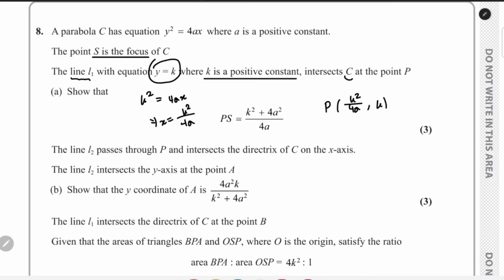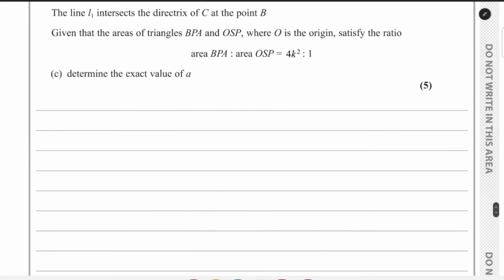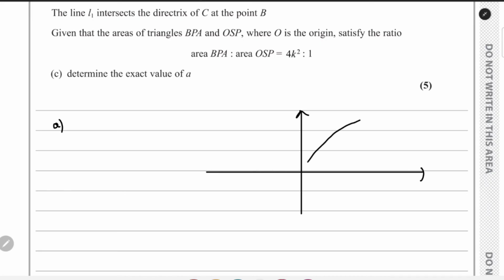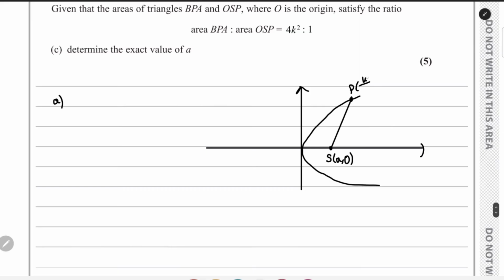Now to find the distance PS, we can draw a sketch. The focus S is at (a, 0), and this is point P, which is (k square by 4a, k).